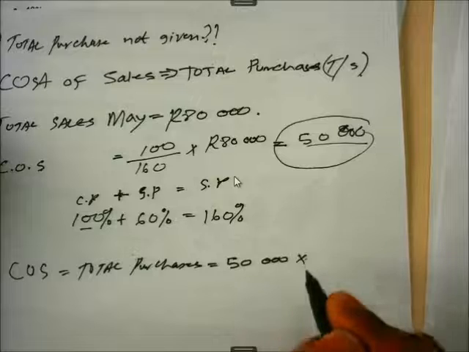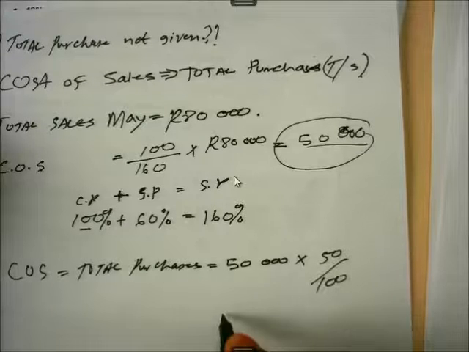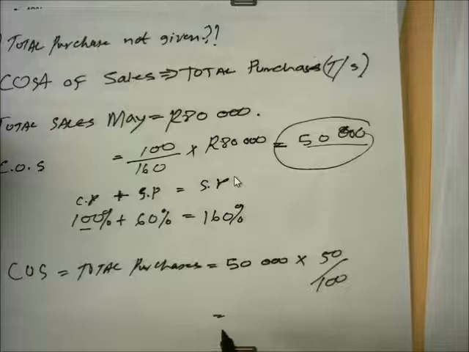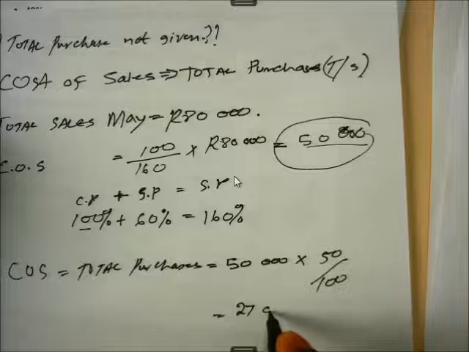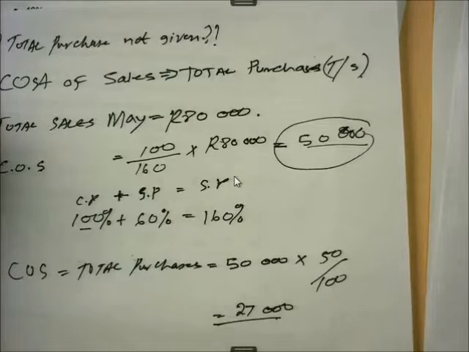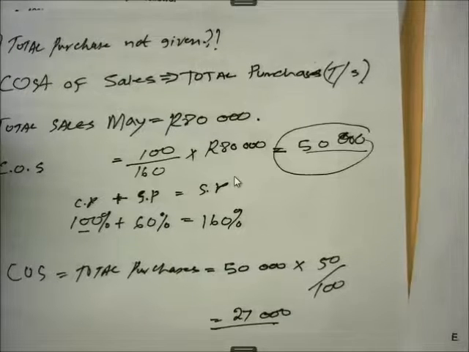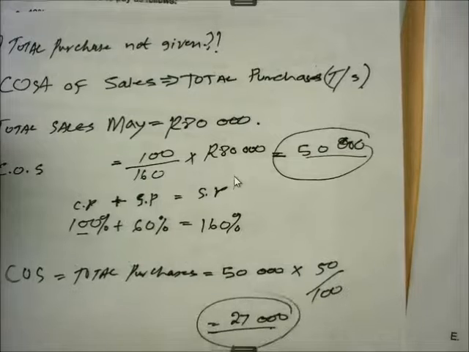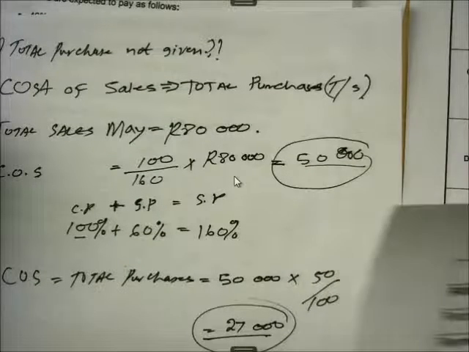Therefore, 50,000 multiplied by 50 over 100 will give us 25,000. So that is how the amount is calculated. I can see why that question was raised.